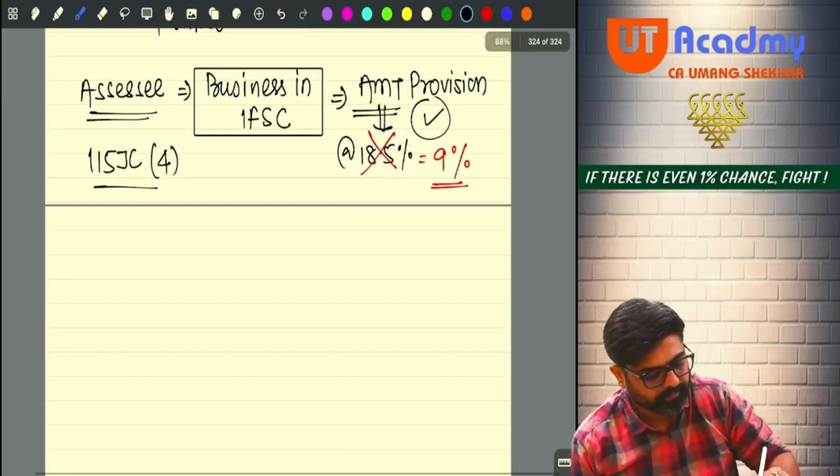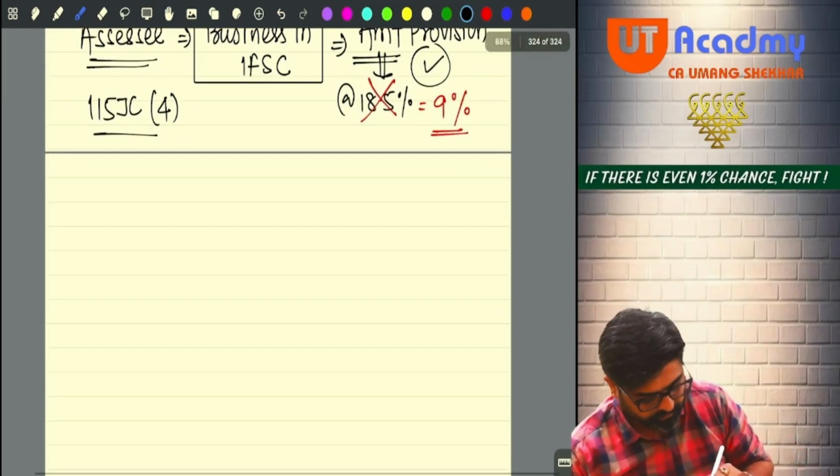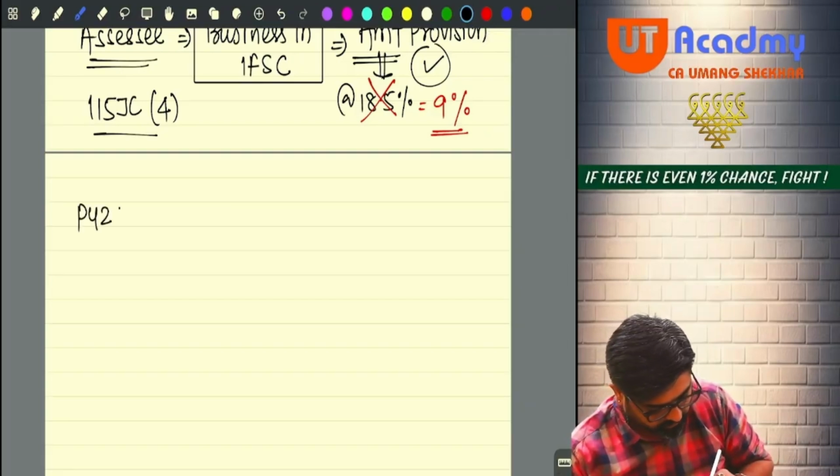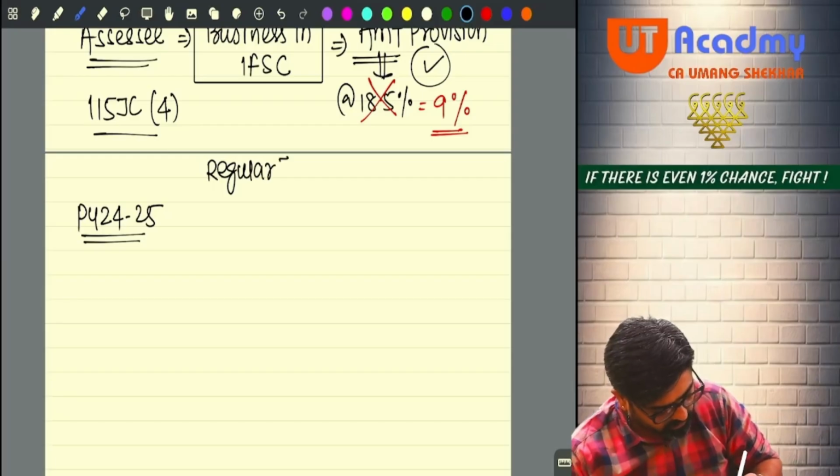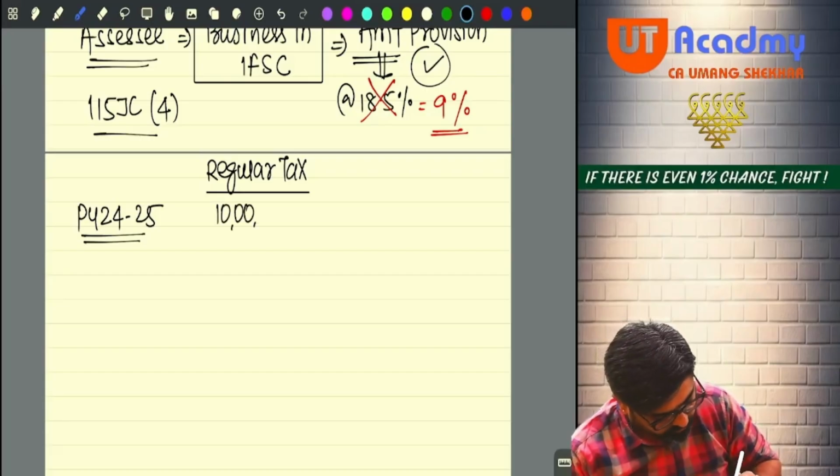Now pay attention. Now what will happen now? See, in the previous year 24-25, this is my previous year. Now in this year, the regular tax which I calculated for this year was 10 lakh rupees.